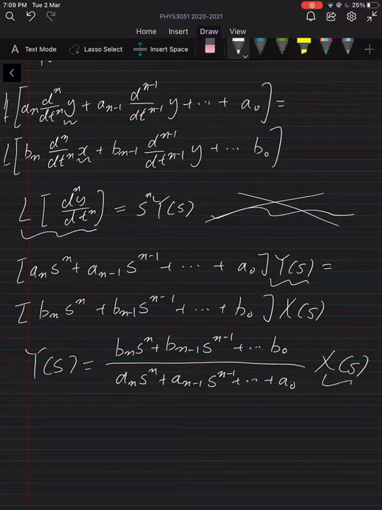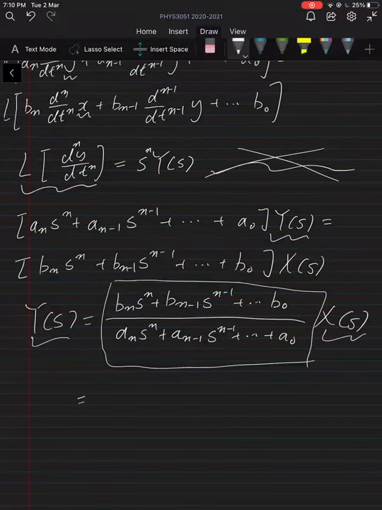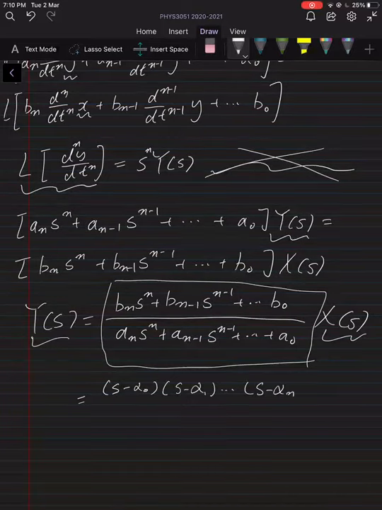Right, so this is the Laplace transform of our system input, and this is the output that we want to know. This looks very complicated, but we can always factorize it as something like this: s minus alpha 1, s minus alpha n.